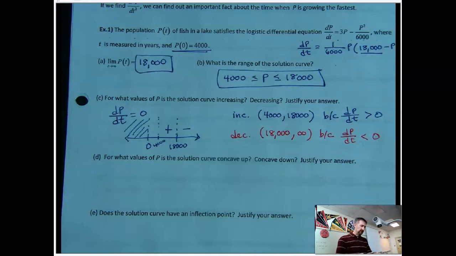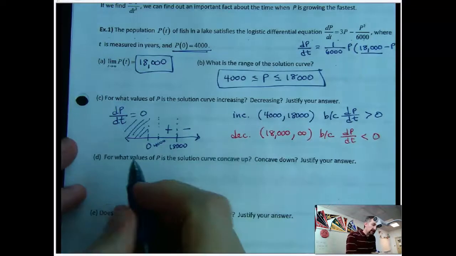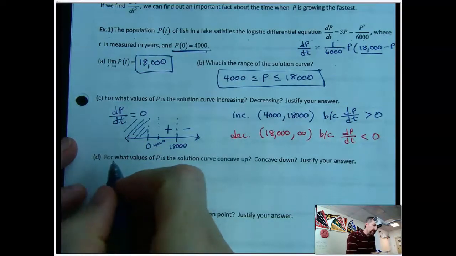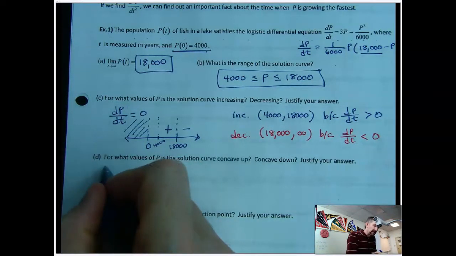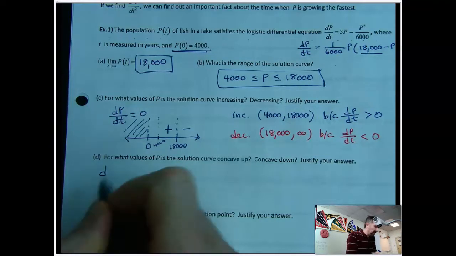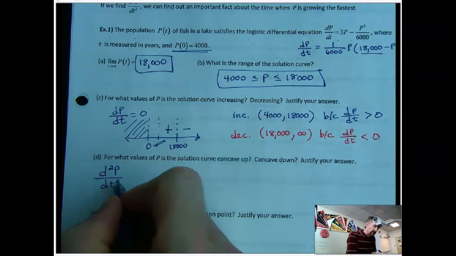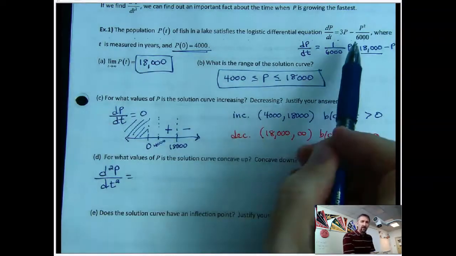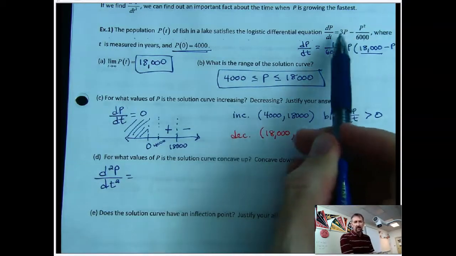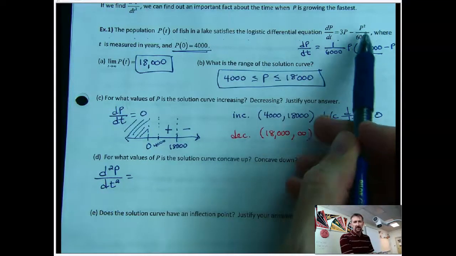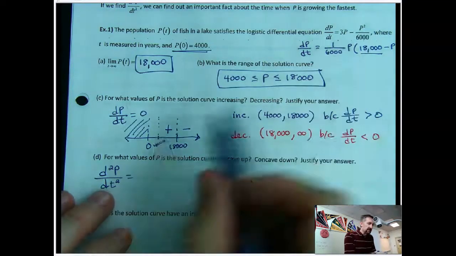Now, for what values of p is the solution curve concave up and concave down? That's where we need to look at the second derivative. If we go back to the first derivative, it would be easier to use this equation to find the second derivative.